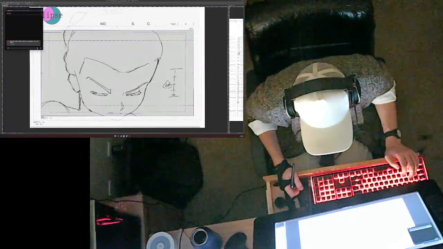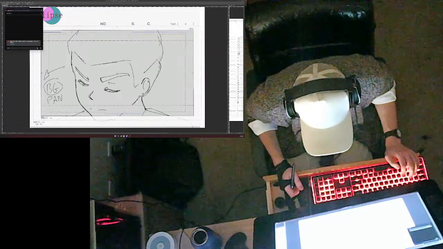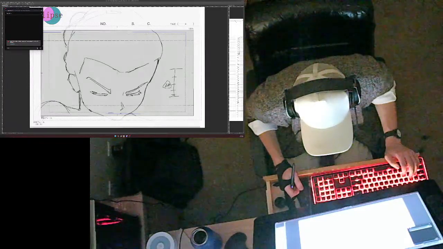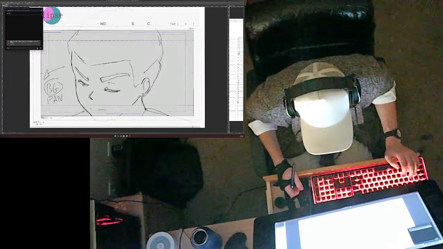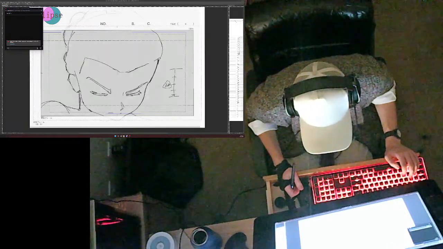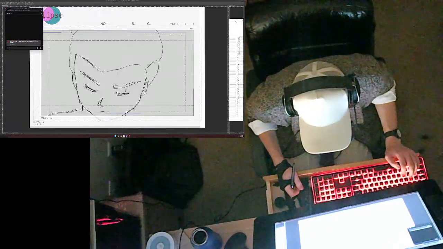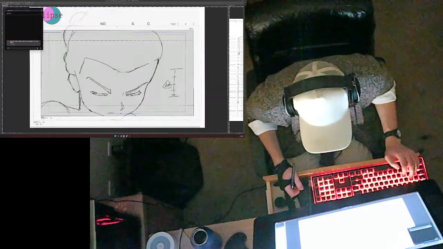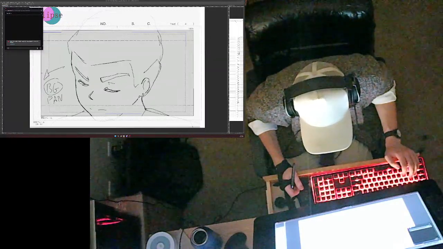So I'm just flipping back and forth between the three drawings to try and see how the motion feels. Trying to identify what is creating motion and what is not creating motion. So her hairline seems fine.